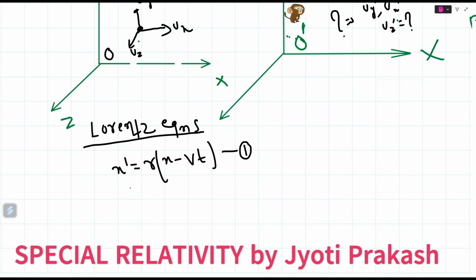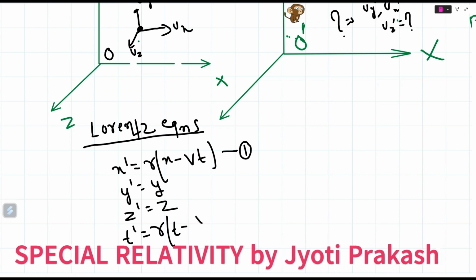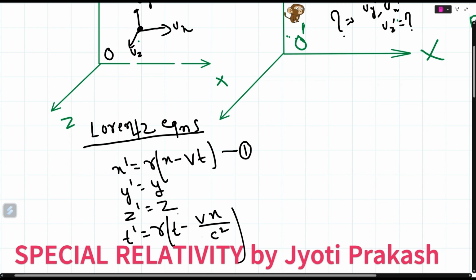Then similarly y prime equal to y, z prime equal to z, and t prime equal to gamma times (t minus vx by c square). Label these as equations 2, 3, and 4.